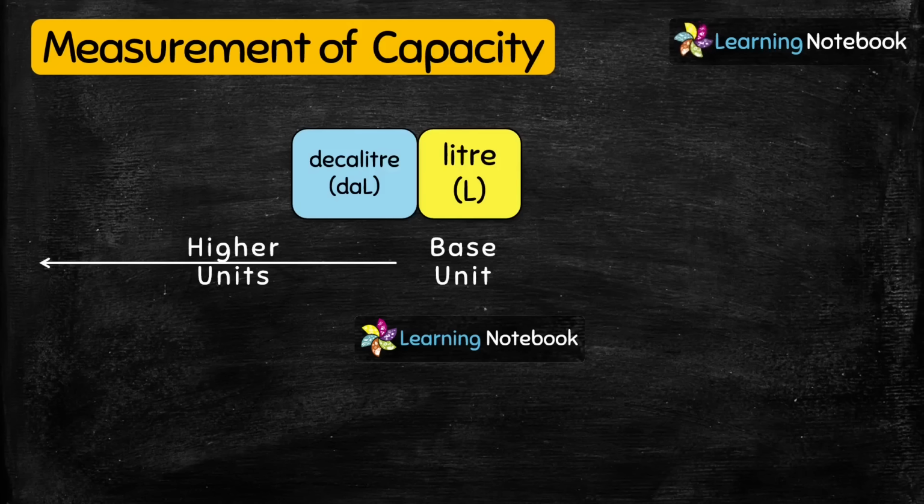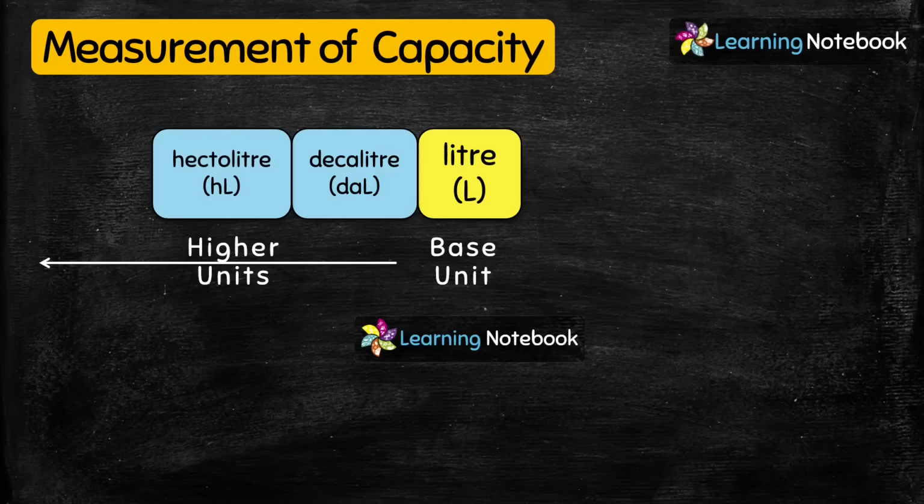Decaliter, denoted by DAL. Hectoliter, denoted by HL. And the highest unit to measure capacity is kiloliter, denoted by KL. So these are higher units.